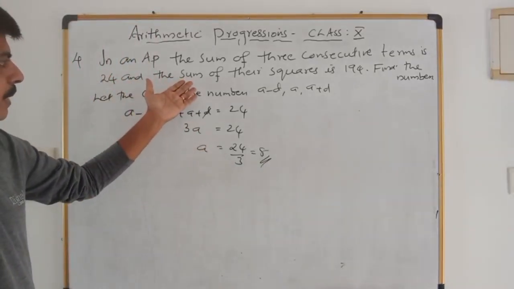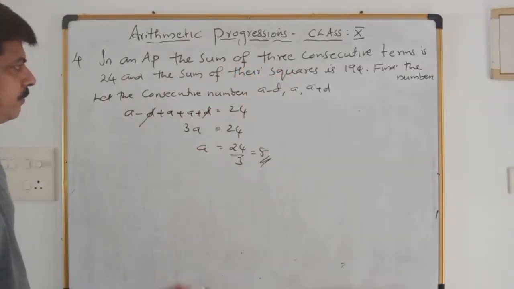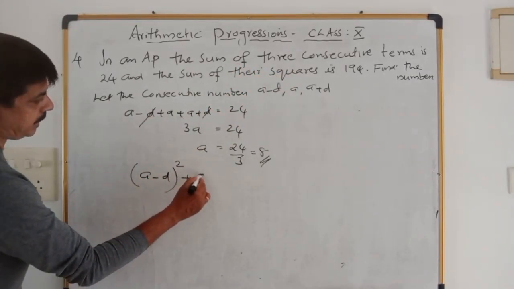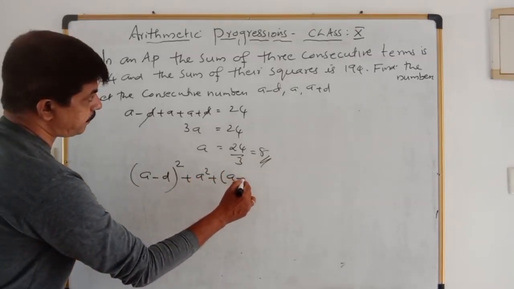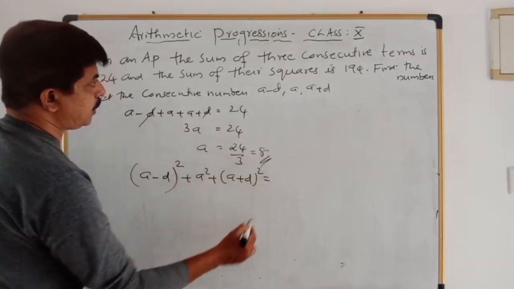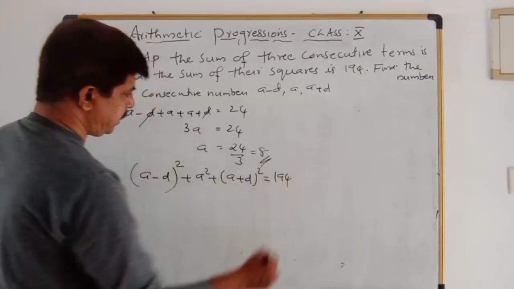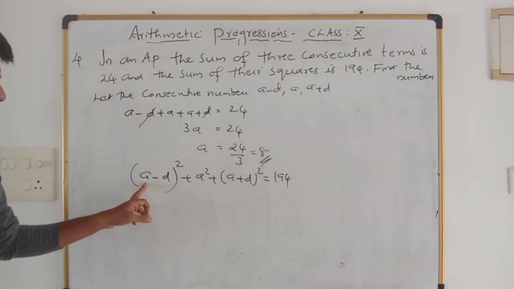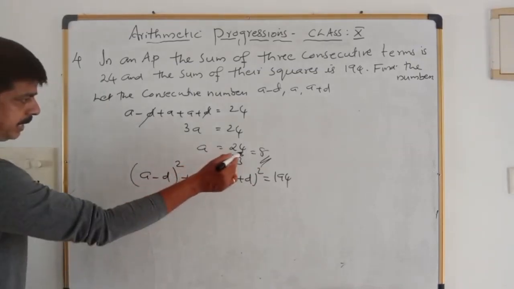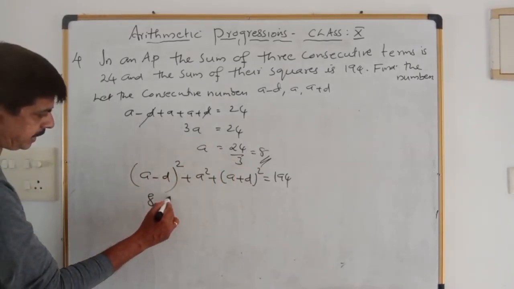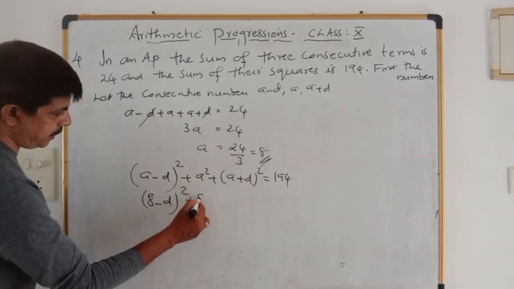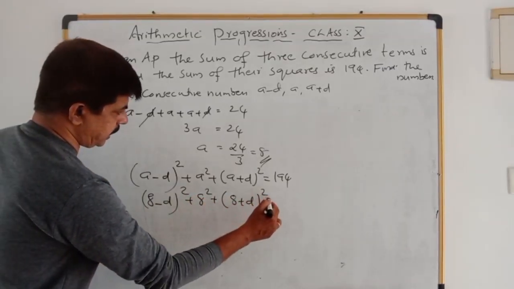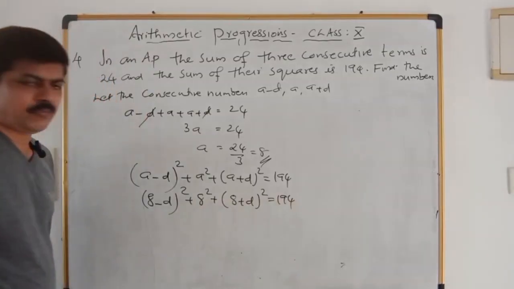From another statement, the sum of their squares is 194. We substitute the A value here: (8 minus D) square plus 8 square plus (8 plus D) square is equal to 194.